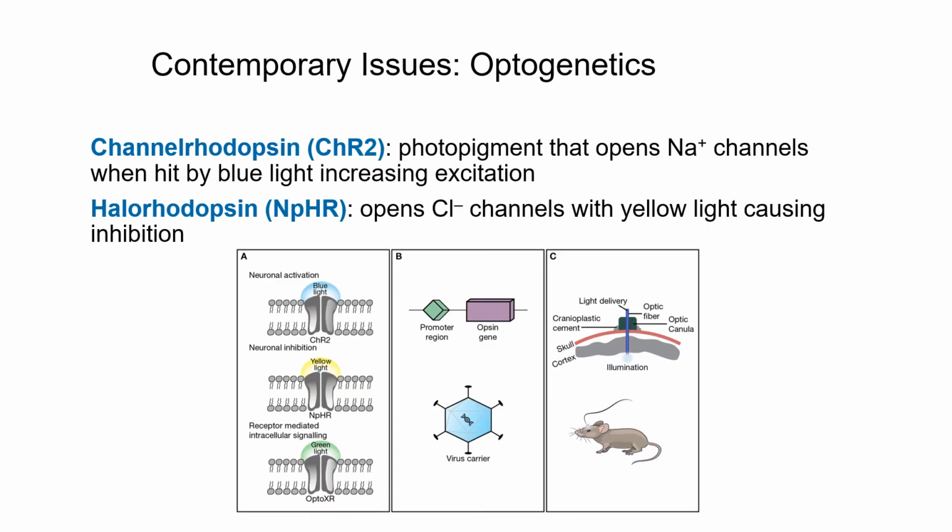So how does it work? It basically is a photopigment that is spliced into the DNA that opens up sodium ion channels when hit by blue light, basically increasing excitation, and it opens the chlorine channels when yellow light, causing inhibition, and basically it can work specifically in regions of pain, so that when you put on blue light, it can reduce pain, or yellow light, it can reduce pain, depending on what we're splicing it to.